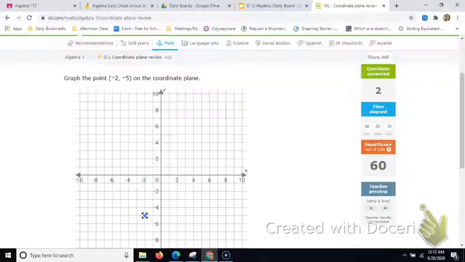Sometimes people also think of it this way. -2 on this one, and -5 here. And then they kind of think about where they meet.